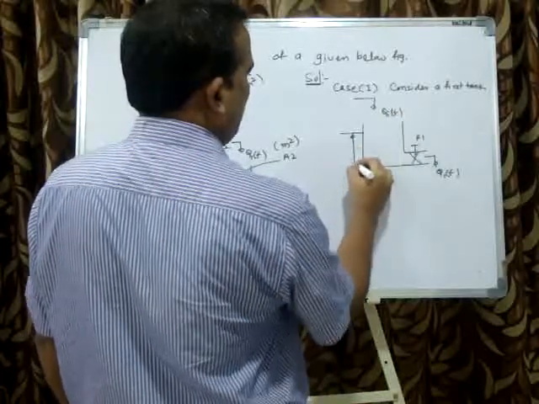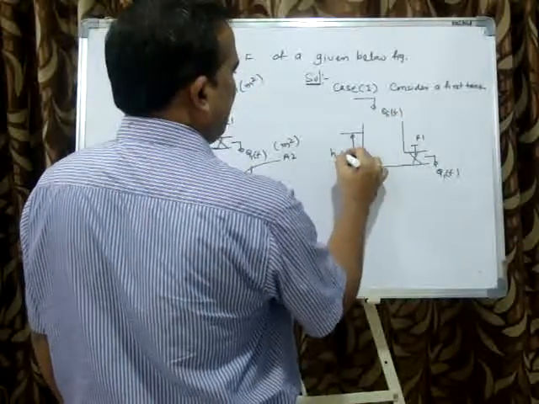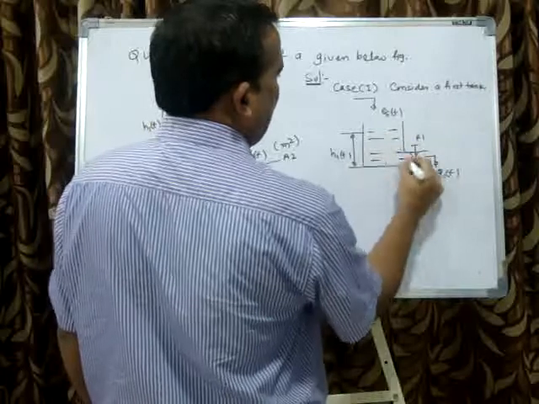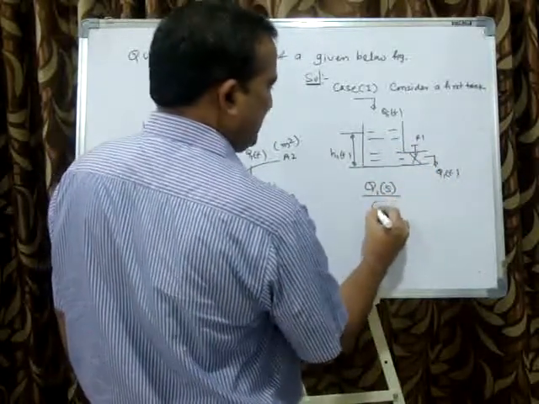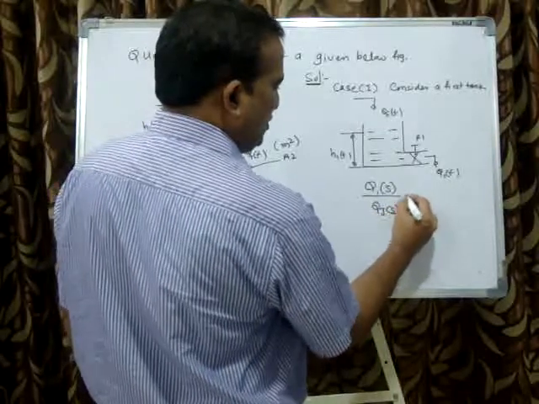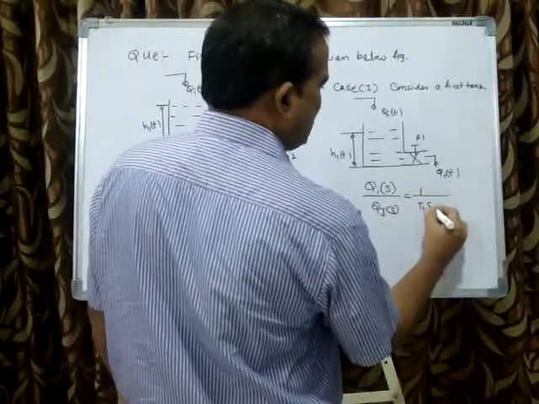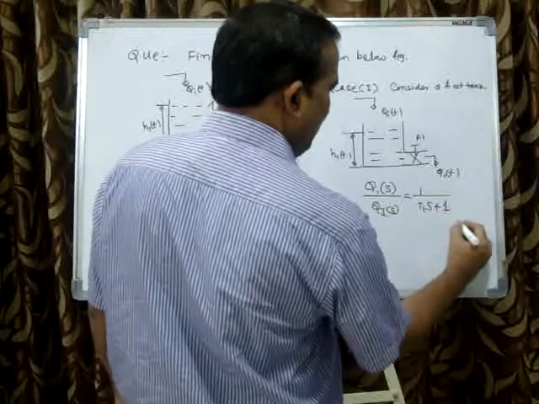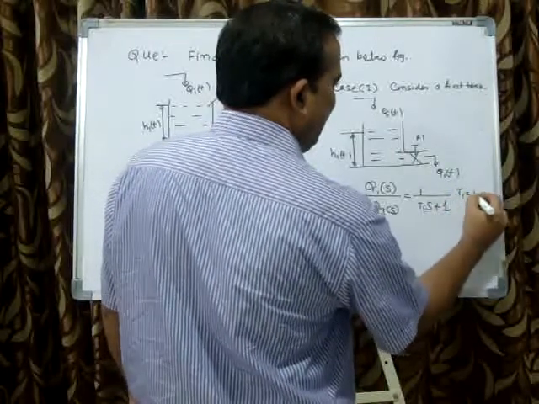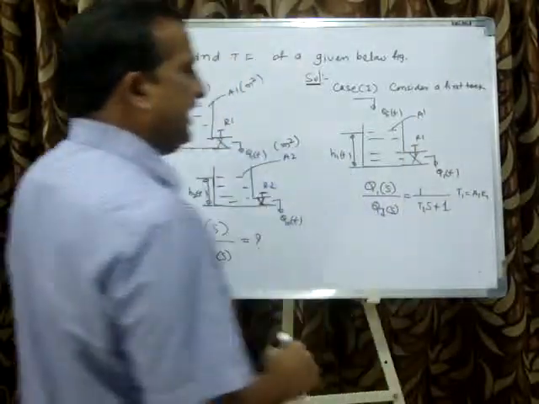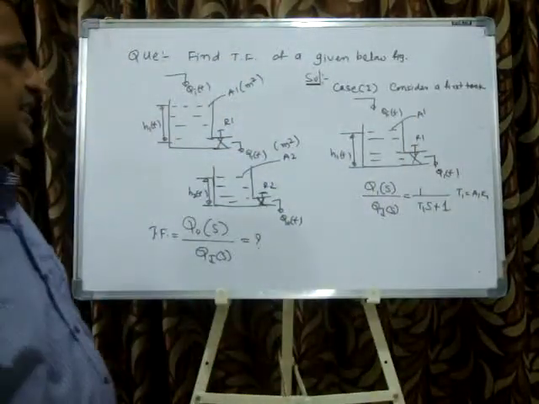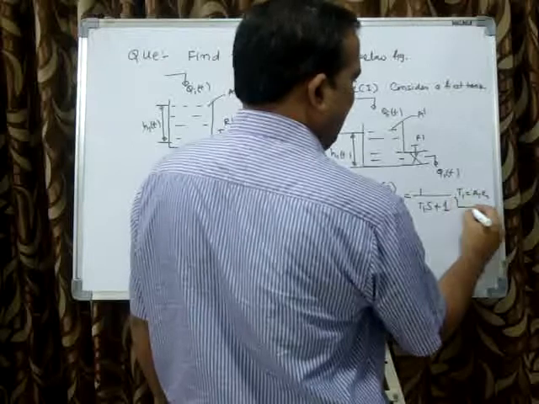Taking the Laplace of output over input, the transfer function H1 of s by Qi of s is equal to 1 by (T1 s plus 1), and T1 equals A1 R1, the area of cross section of the tank times R1, the resistance. This is equation number 1.